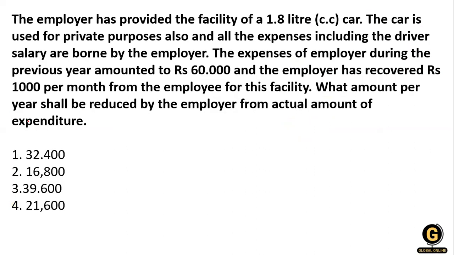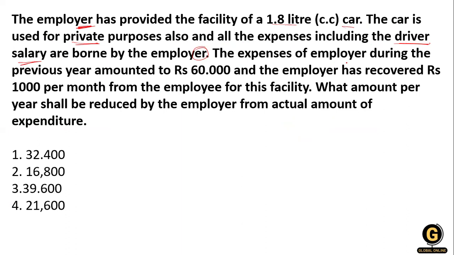Okay, next question. An employer has provided the facility of a 1.8 liter cc car. The car is used for private purposes also, and all the expenses, including the driver's salary, are borne by the employer.